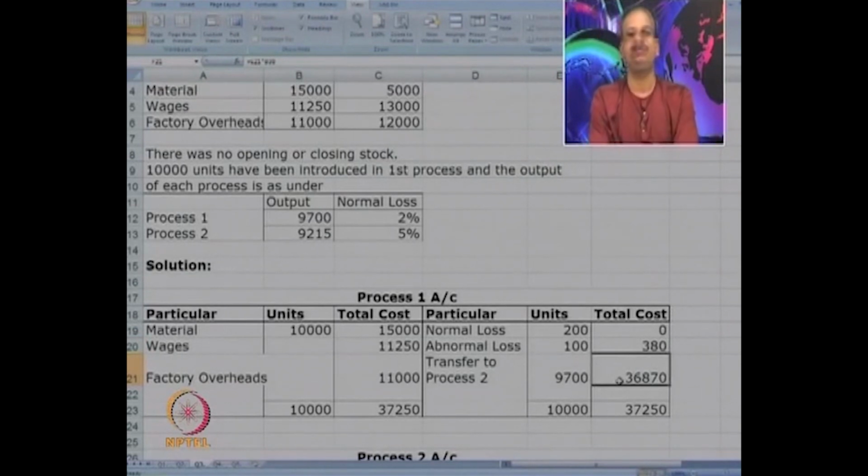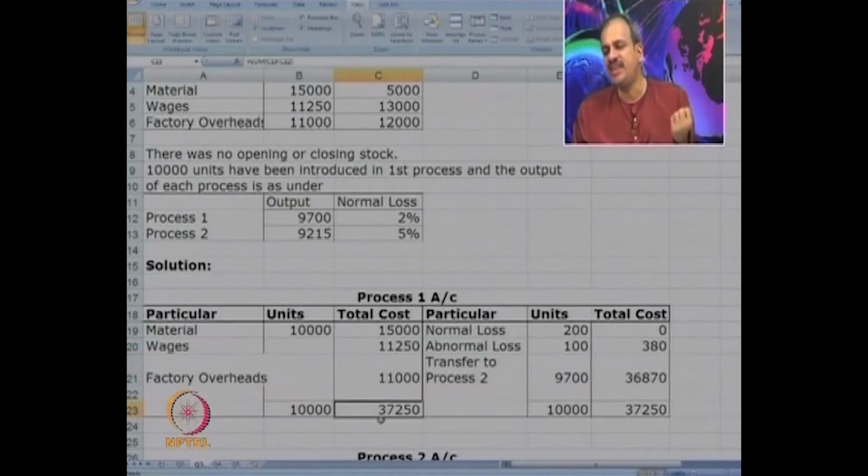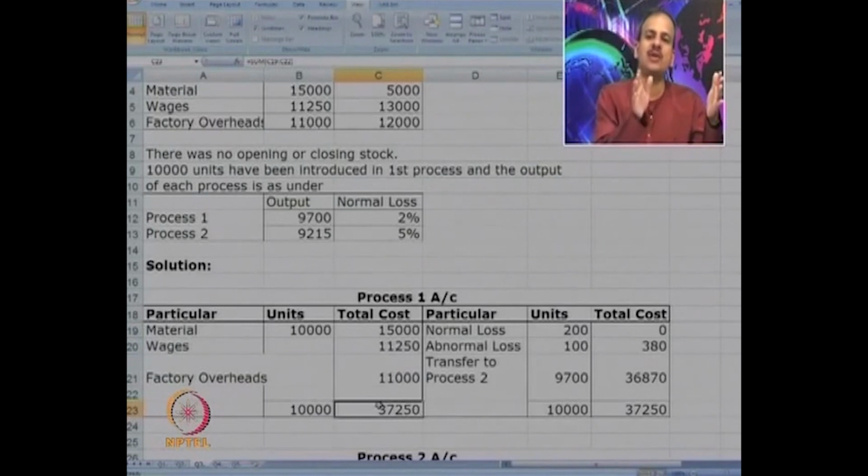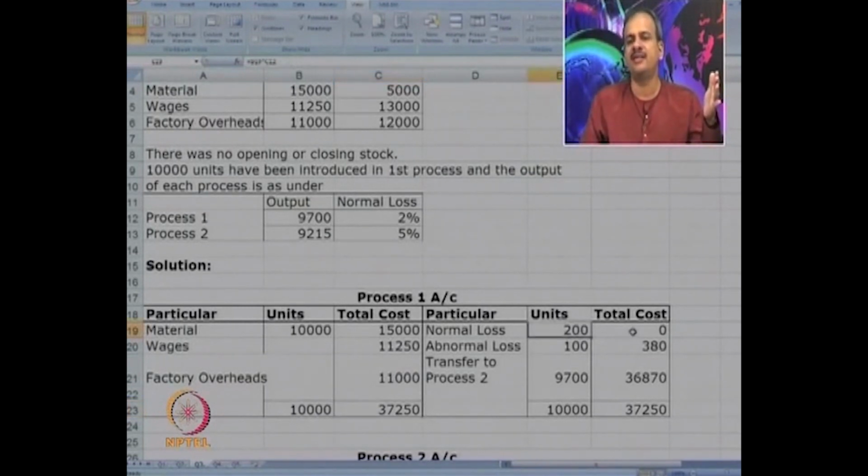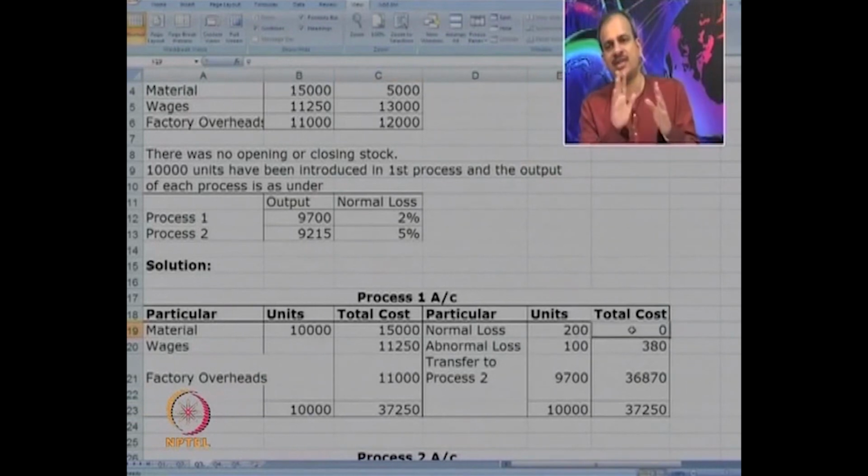Can you guess? Now you know that the total cost is 37,250, which is, we can take the total of all the costs incurred. This cost is for a normal output of 9,800 units, because normal loss of 200 do not have any cost. No cost can be charged to it. It is just a normal loss.